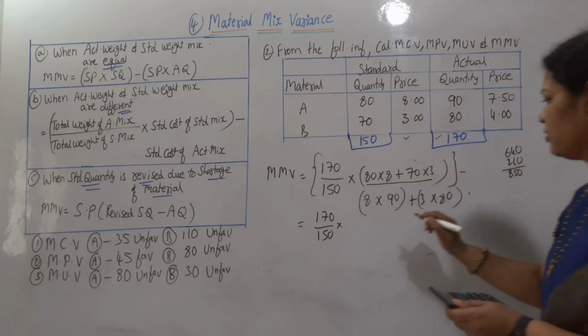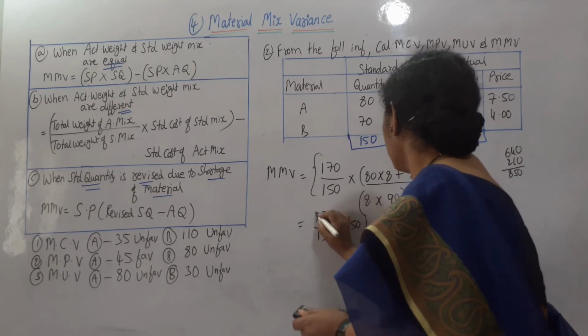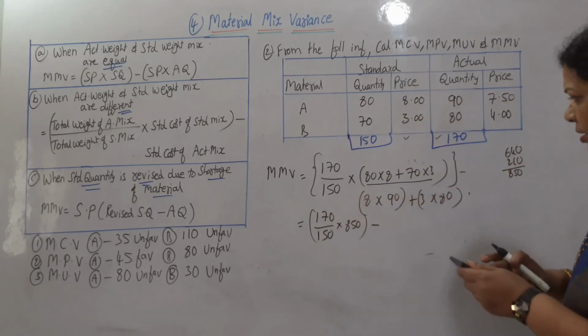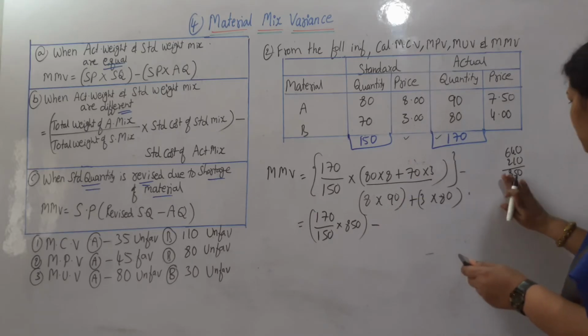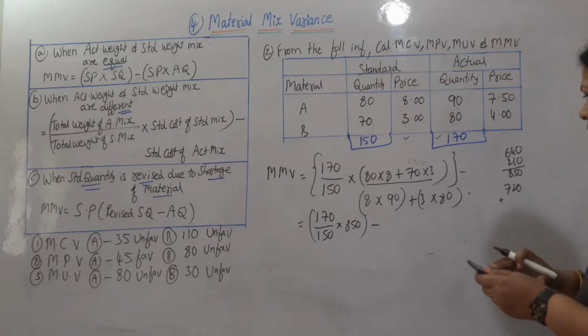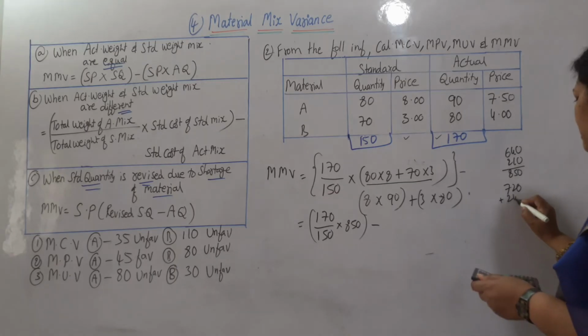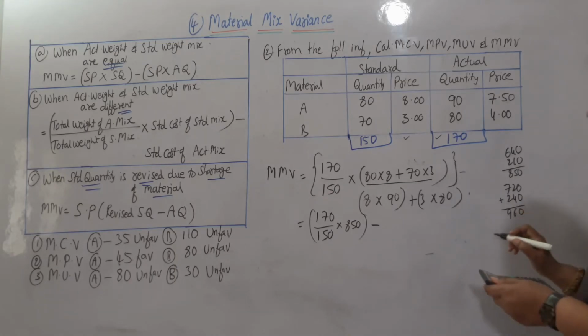So this calculation is 850, minus this calculation: 8 into 90, 720, plus 80 into 3, 240, is 960.